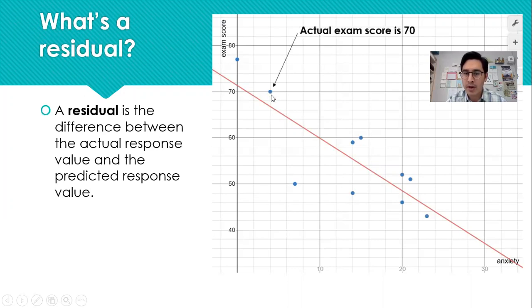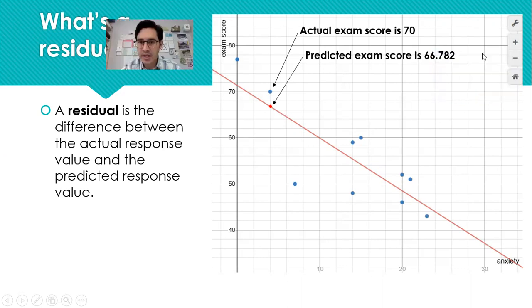To illustrate that, let's look at this point right here. That point represents a student whose actual exam score was 70. And if we look at the linear model, which would be this point here on the line, the model predicts an exam score of just under 67.